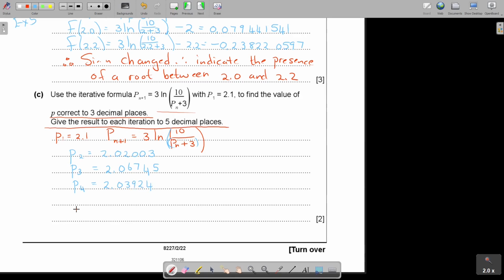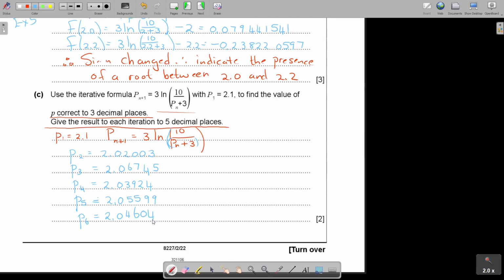2.03924. Okay, and then I go on, and every time 5 decimal places. Then it's 2.05599, and then I go on, and then it's 2.04604, because there was a 36, and that made it a 4.